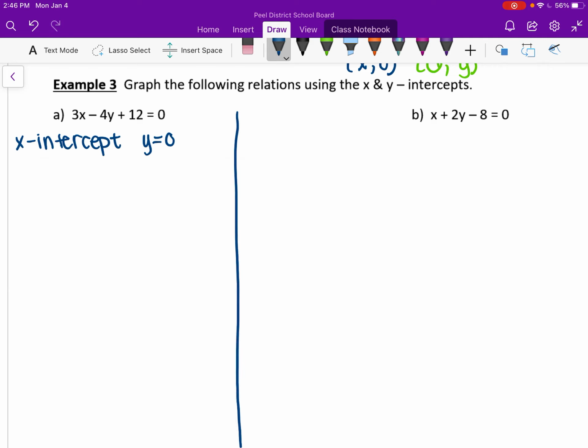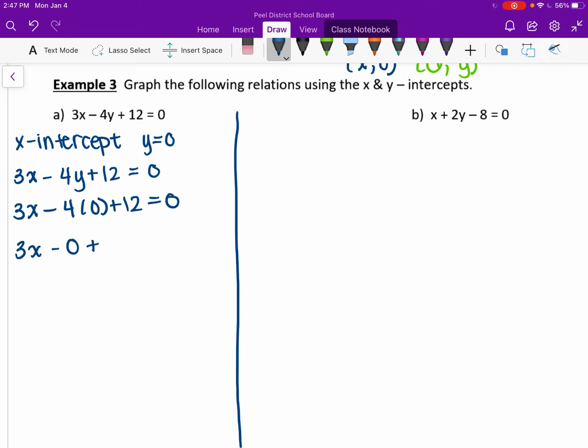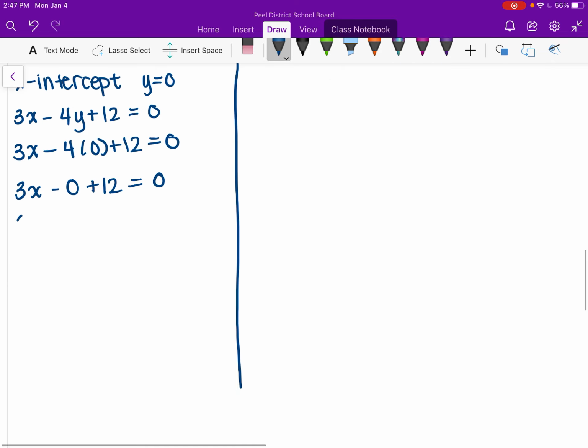Right? So I'm going to say, okay, 3x minus 4y plus 12 equals 0. So I have 3x minus 4 times 0 plus 12 equals 0. Negative 4 times 0 is just 0. Zero plus 12 gives me plus 12.